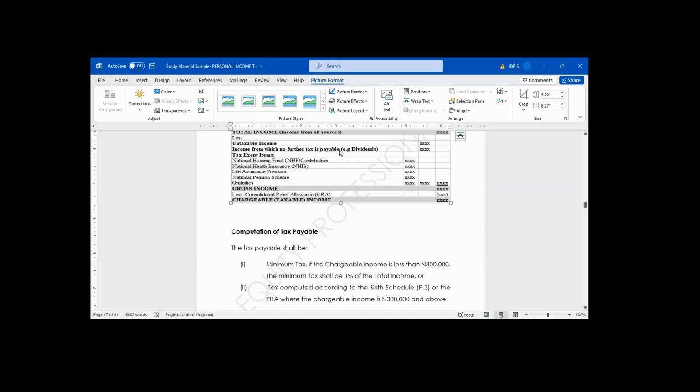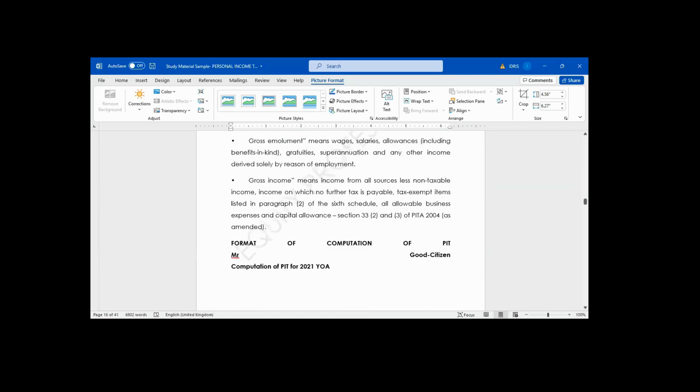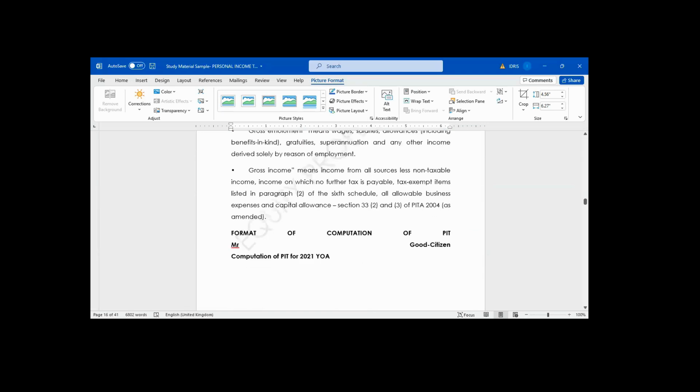So when you less consolidated relief allowance from your gross income, you get what is called chargeable income. What is chargeable income?